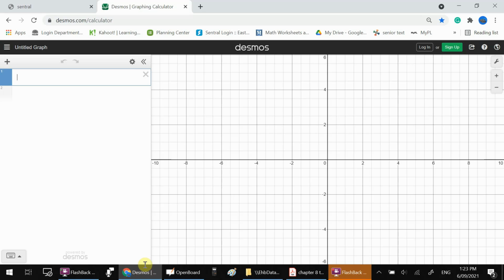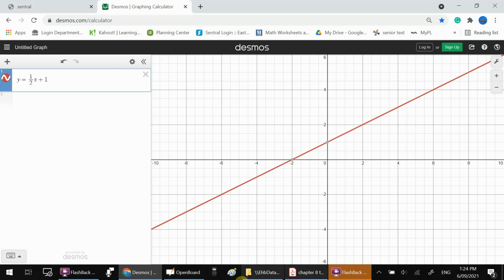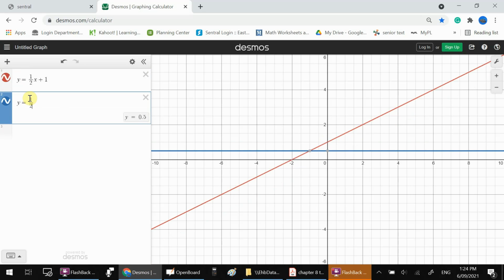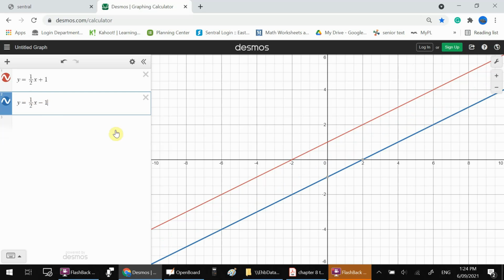Just to show you, if I can get there quick, Desmos. So the first one, which is correct, a half x plus 1. Okay, so it slopes up and it goes through 1. The other one, which is wrong, a half x minus 1, so the half bit is the slope, and the second part is the y-intercept.